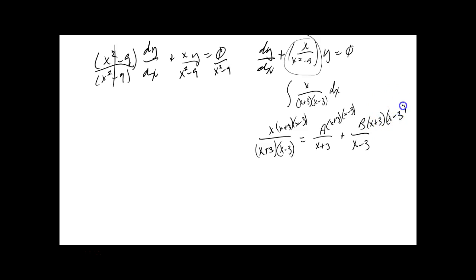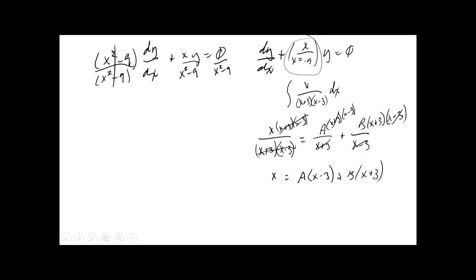Well, I'm showing you why, because you're interested in that. These go out, that one goes out, and that one goes out. So now we have x is equal to a times x minus 3 plus b times x plus 3.